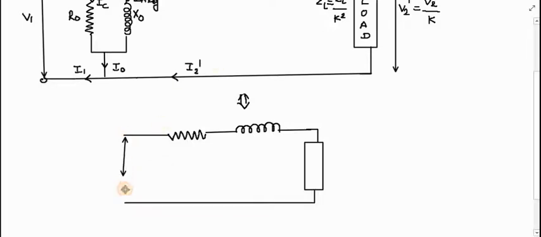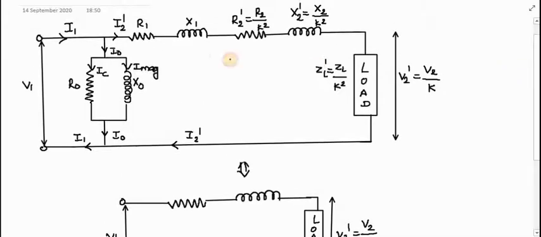This is the voltage applied across the primary winding, V1. This is your load. Voltage across your load is nothing but V2 dash, which is nothing but V2 by K again. Now see what I have done. I have added R1 and R2 dash.